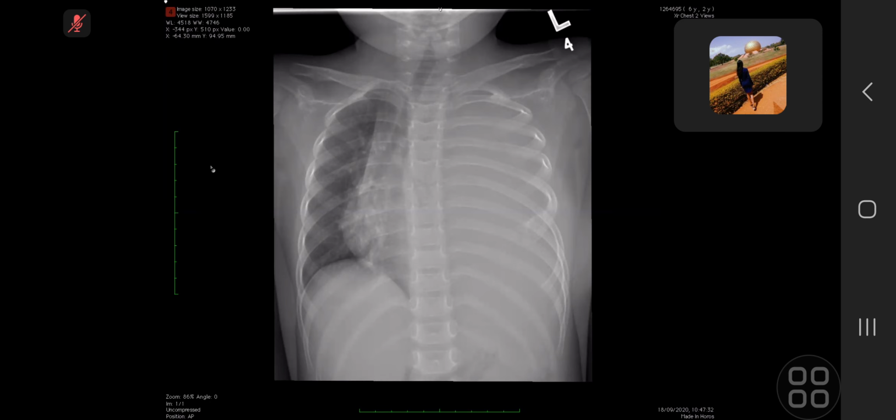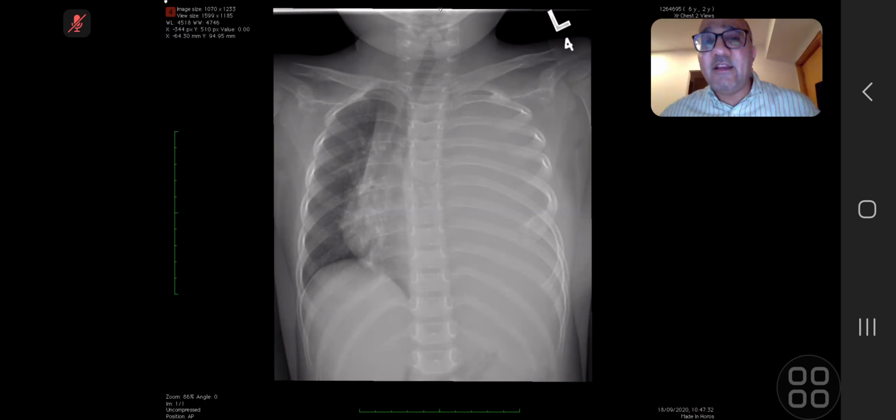At first glance, what I can see is a diffuse opacification of left hemithorax, which is causing mediastinal shift towards the right side. And associated with it, I can see expansion of the anterior part of the sixth rib. So looking at the age, it could be Ewing sarcoma with soft tissue component.